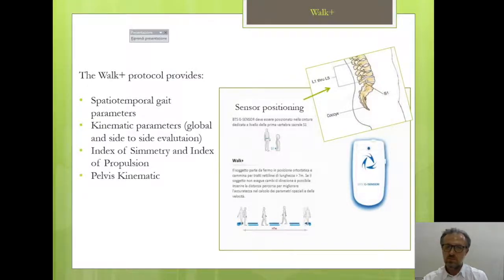The G-Walk and the G-Sensor provide a global evaluation of the gait performance derived from the index of symmetry and the index of propulsion, and we'll be watching this type of evaluation in a few minutes. We can even have data about pelvis kinematics, because the pelvis kinematics on the three planes of space can be evaluated by this accelerometer.